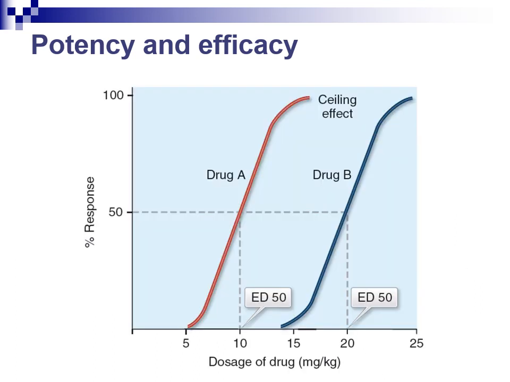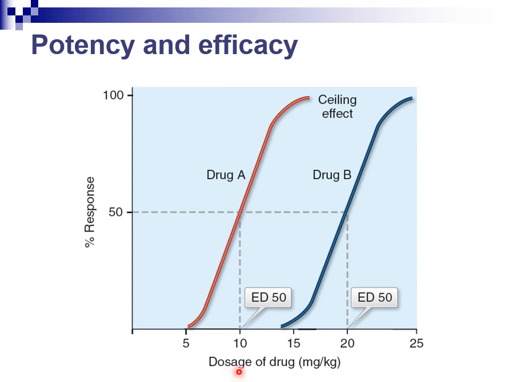Just to drive this idea home a little better, here is a diagram from your book. They do a decent job explaining it, but they really only talk about potency, efficacy and dose response in very short terms, and it's a critically important concept for you to get.